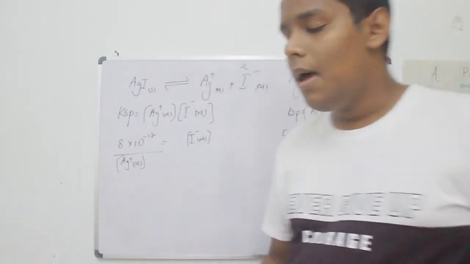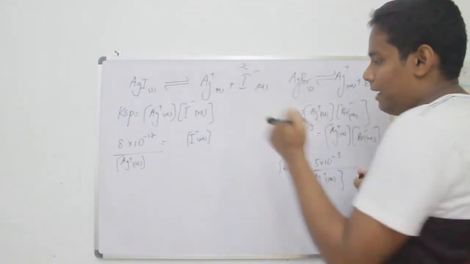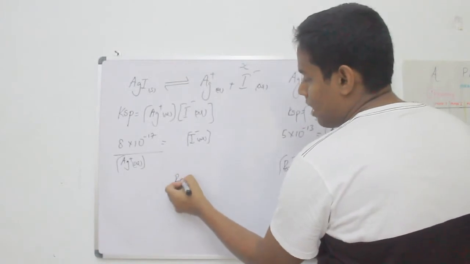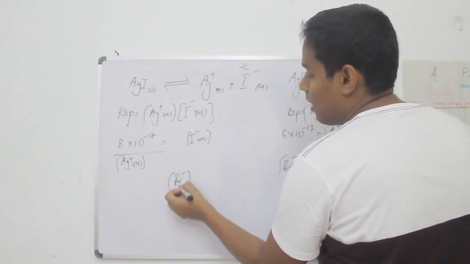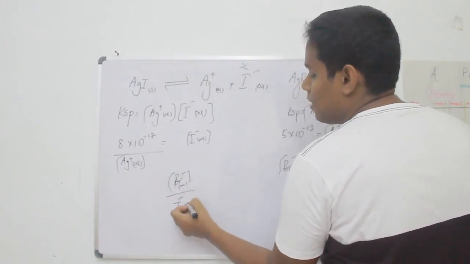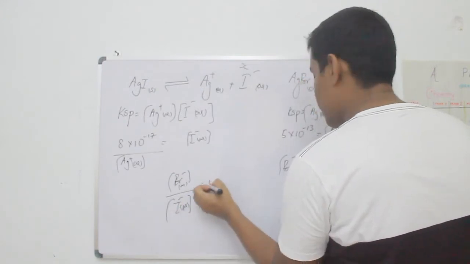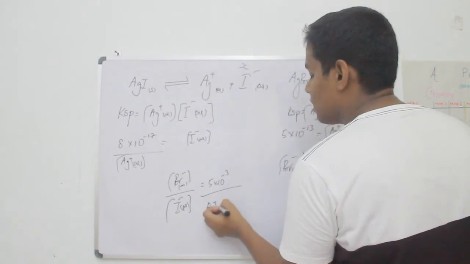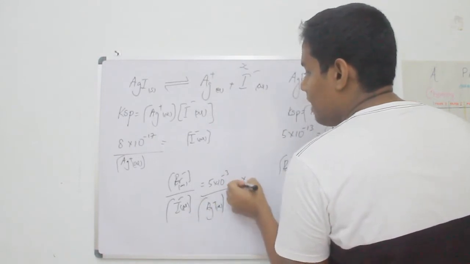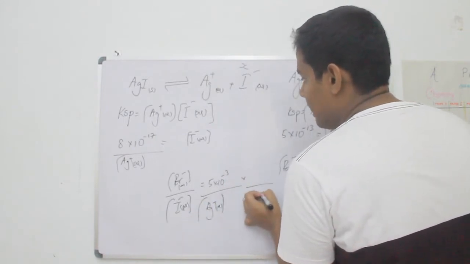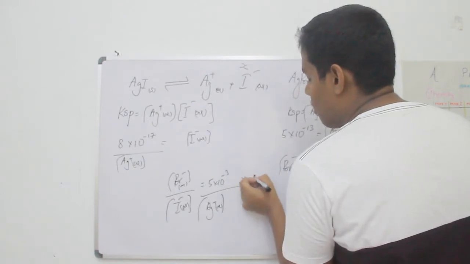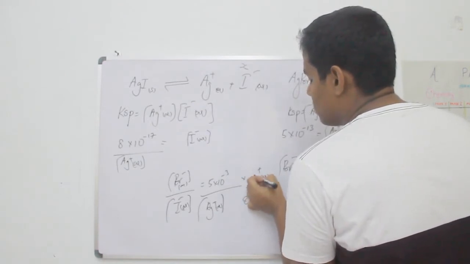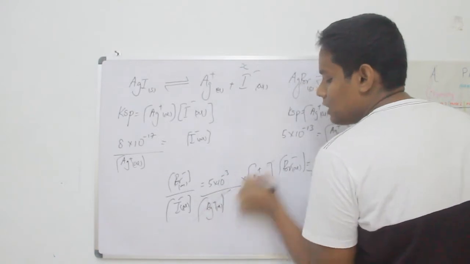Now look at the fourth one. Br minus divided by I minus. Look at these two equations. Br minus value is 5 into 10 to the power minus 3 divided by Ag plus aqueous concentration. That should be divided by I minus, 8 into 10 to the power minus 17, which is also Ag plus aqueous concentration. Here Ag plus cancels.